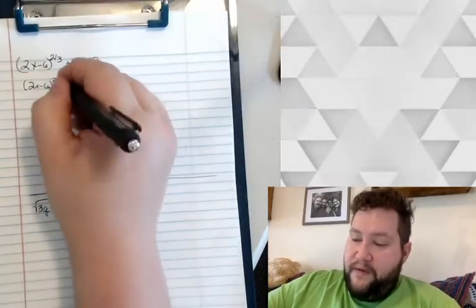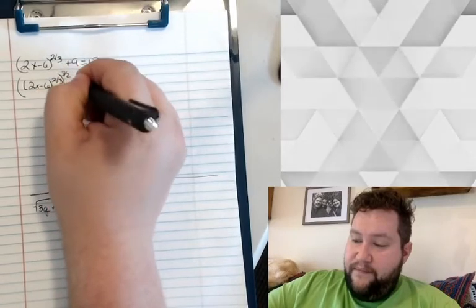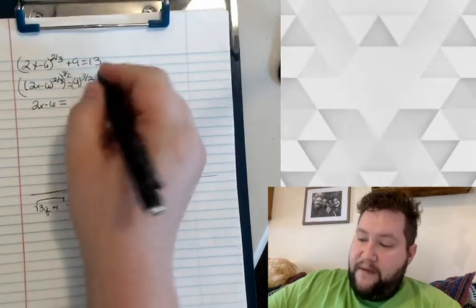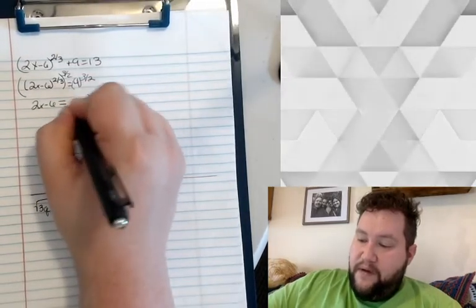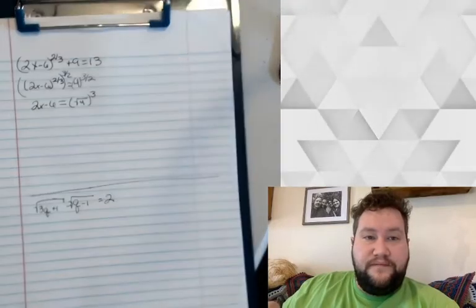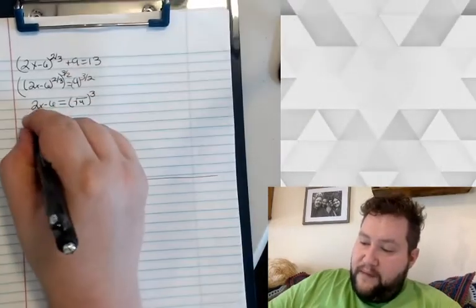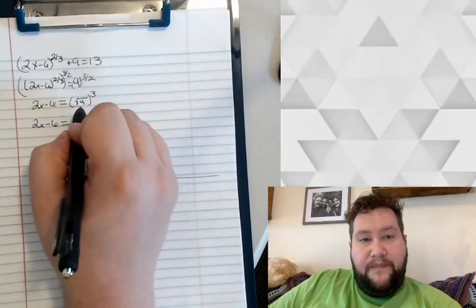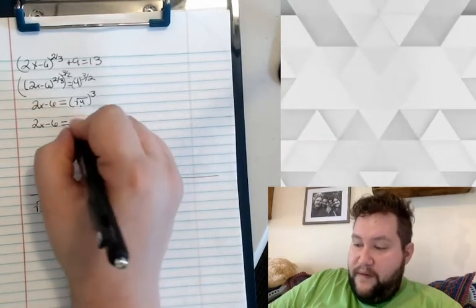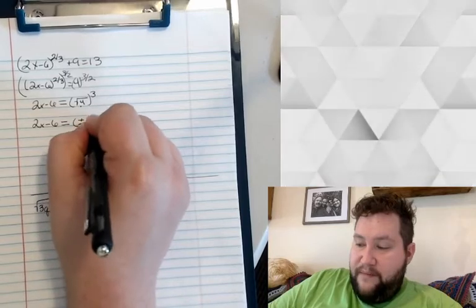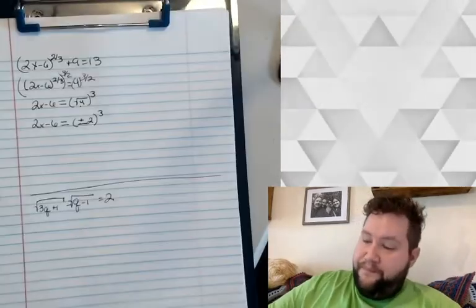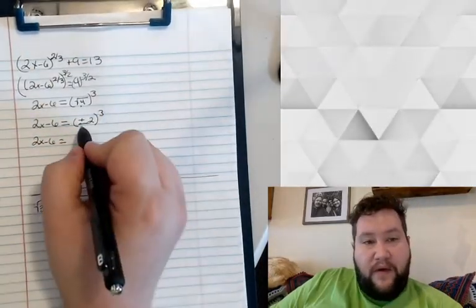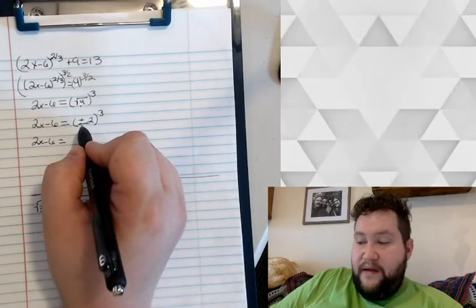To undo a 2/3, we do a 3/2. So we have 2x minus 6 equals, and 3/2 is the same as the square root of 4 cubed. If we have the square root of 4, we get plus or minus 2 cubed. 2x minus 6 equals, and then we'll go ahead and cube this.